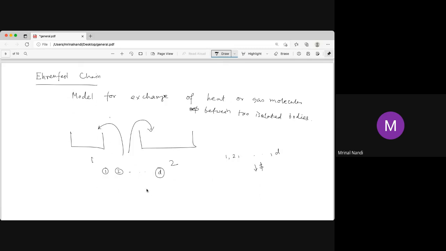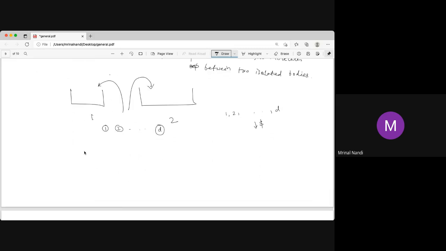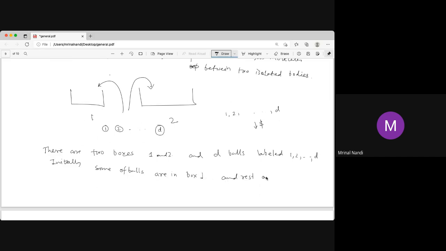So an integer is randomly chosen. There are 2 boxes, 1 and 2, and d balls labeled 1, 2 up to d. Initially, some of the balls are in box 1 and the rest are in box 2.